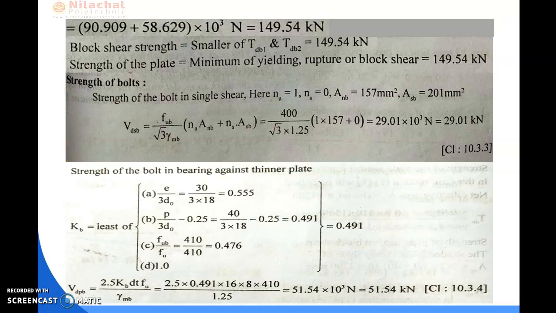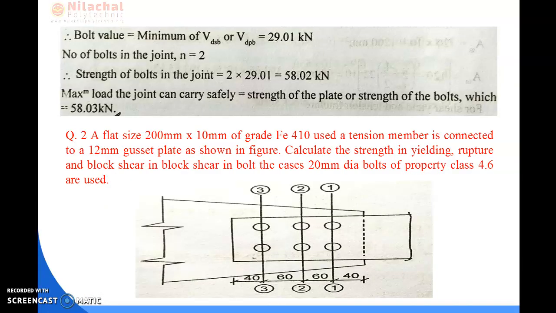In case of plate strength, we got the value as 149.54 kilonewton, and the bolt section strength is 29.01 kilonewton, which is twice according to the two bolts, 58.02 kilonewton.